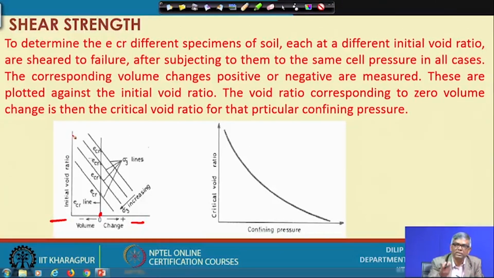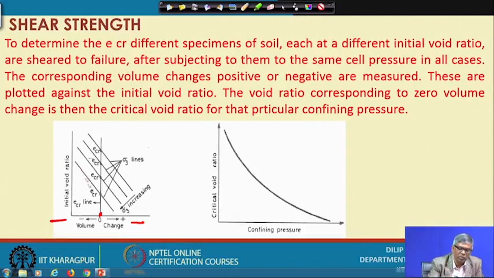Suppose I choose a very small initial void ratio and apply a certain confining pressure, and then I see the volume change. If I see a volume decrease, I get a point on this side, and if I see a volume increase, I get a point on this side. For a particular confining pressure, I choose several initial void ratios and get several volume changes, either increase or decrease.